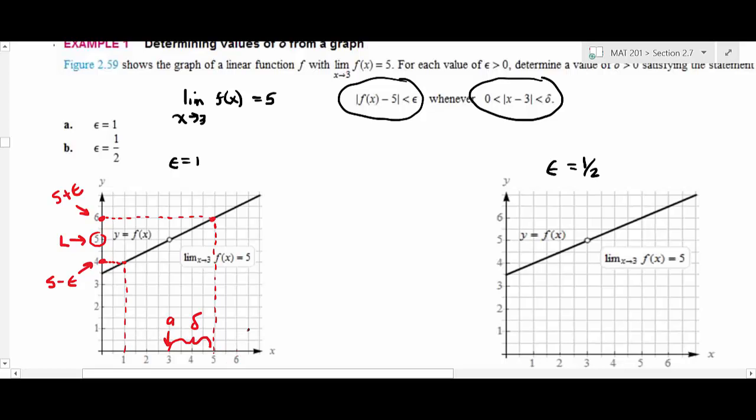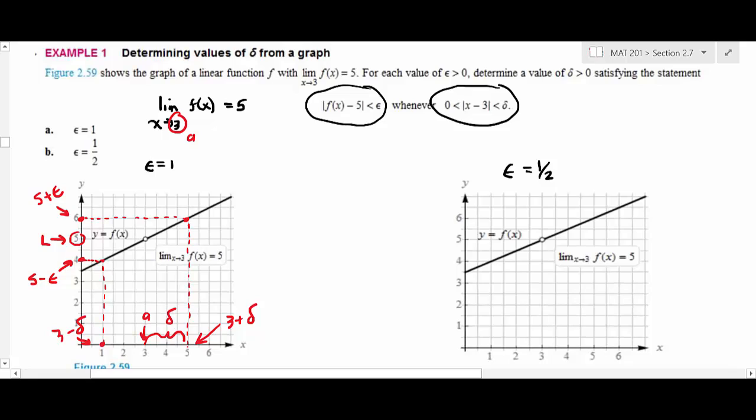So this point right here becomes a plus delta, and a is 3. And this value right here is 3 minus delta. So you end up having this bandwidth. The idea is as you close in and make epsilon smaller, the delta belt will also be smaller, but you'll be able to find a delta that will satisfy that condition.